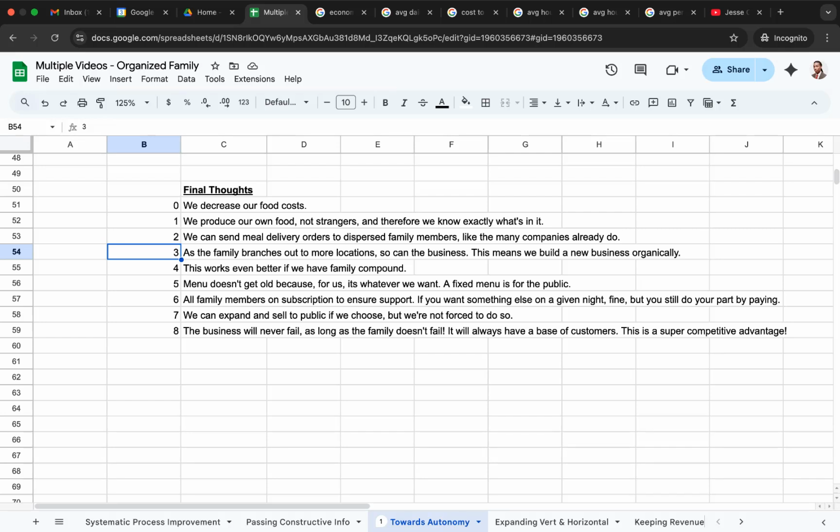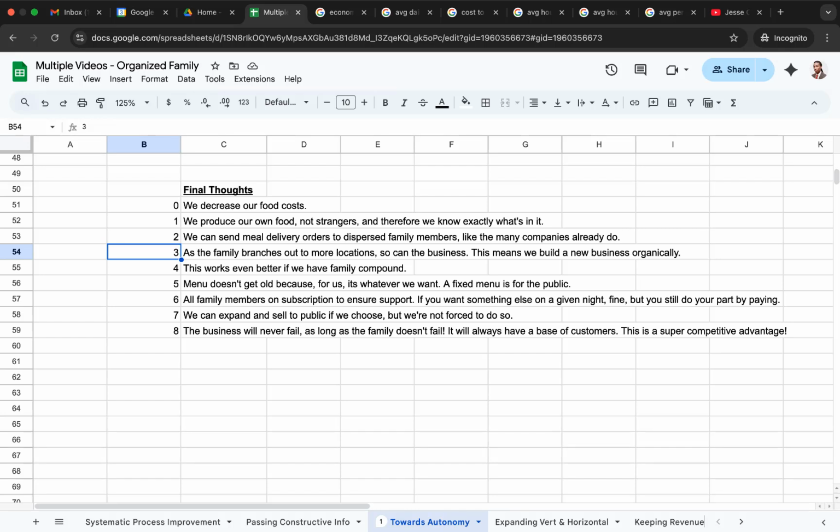We have this base foundation of family members, and as the family branches out, maybe we have one family in New York, another in Florida, another in another state. When we have significant family members in each one of these locations, then we can start this operation of feeding ourselves. When we have these operations of feeding ourselves, any one of them can subsequently expand into a situation where it is now providing food to the general public.